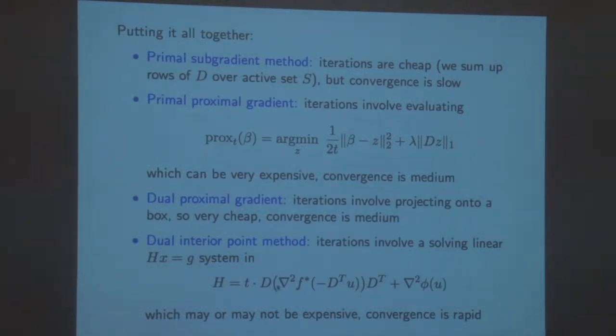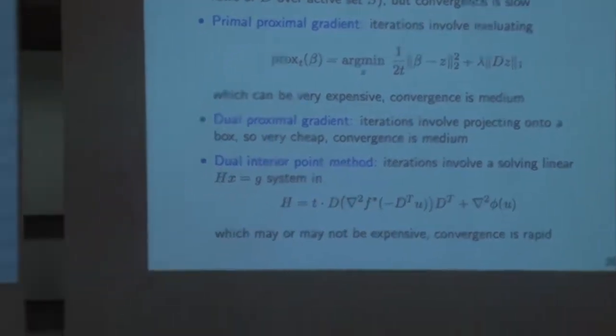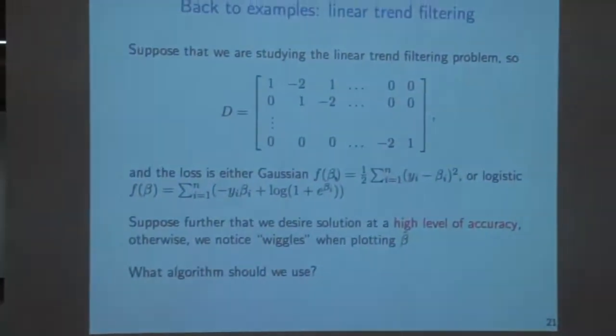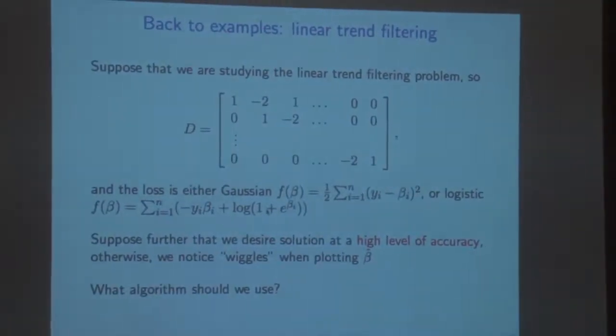Let's go through one example of a D matrix in each. We'll talk about each algorithm, and then that'll probably be it. We'll continue next time. So let's talk about the linear trend filtering problem. Suppose I wanted to study linear trend filtering, and I wanted to either fit a Gaussian model, that is fit the mean in a Gaussian sequence model, or a logistic sequence model.